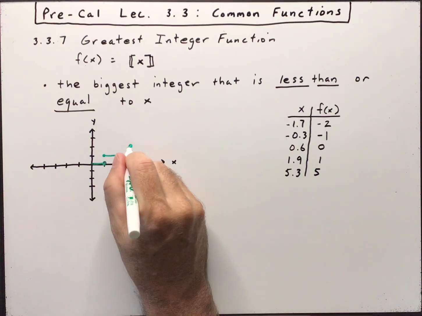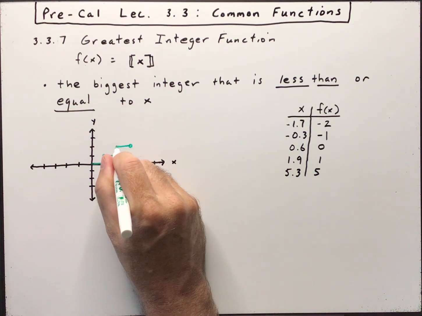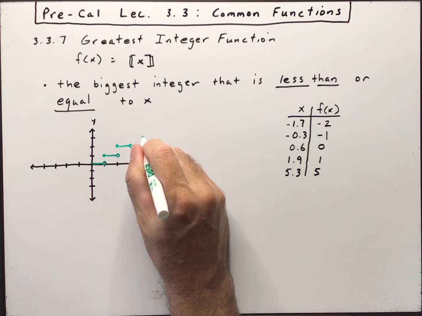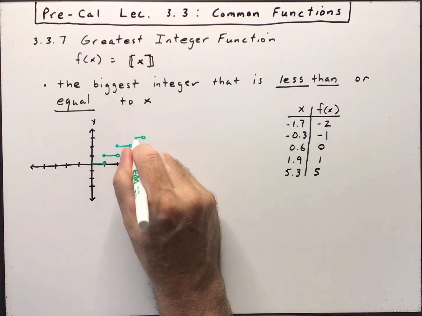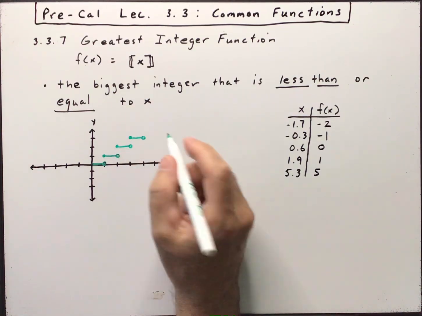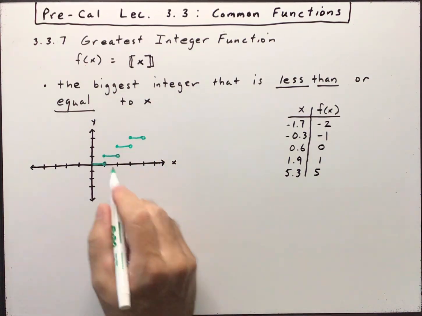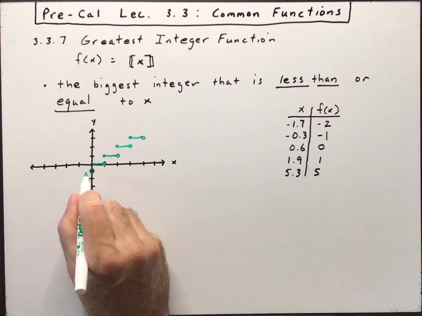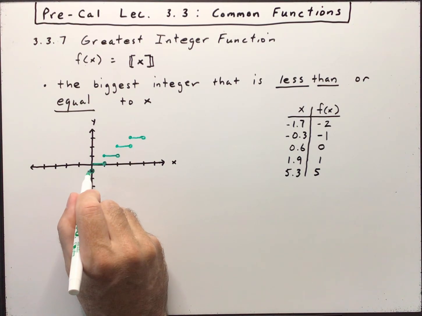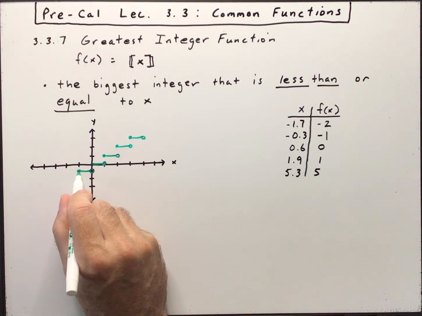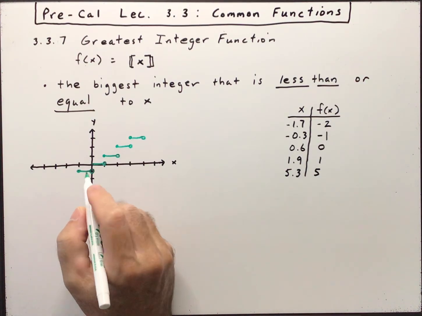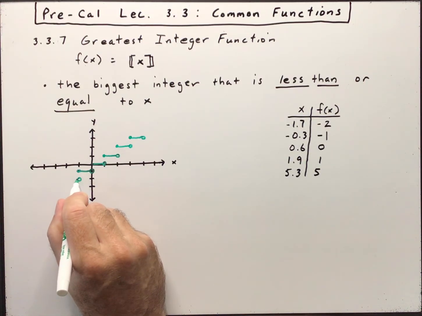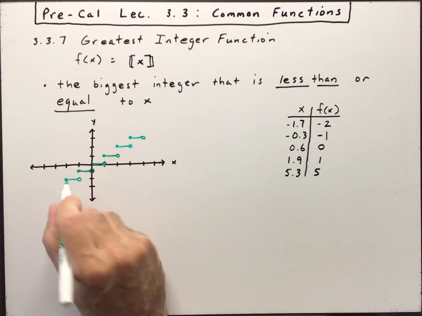If x is 3, it rounds down to 2. If x is 4, it rounds down to 3. All right, and we would have the same thing to the left. If x is 0 or less, it rounds down to -1. If x is less than -1, it rounds down to -2.